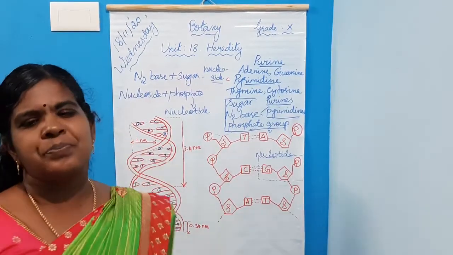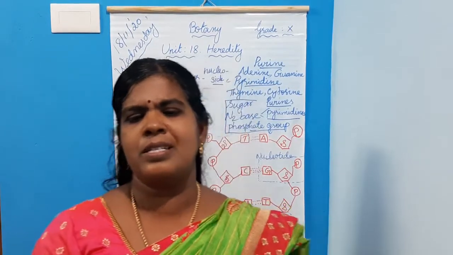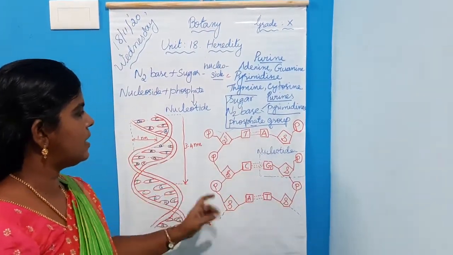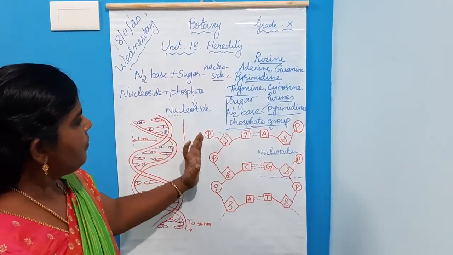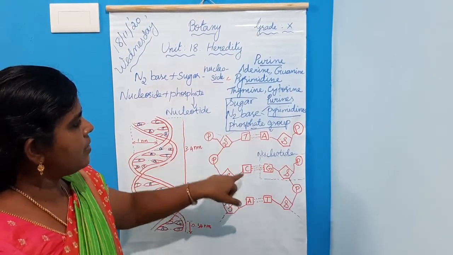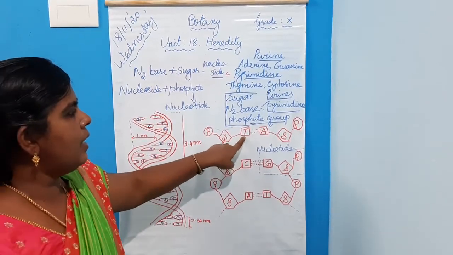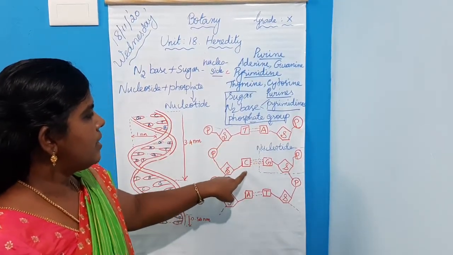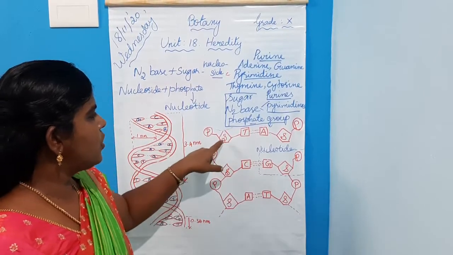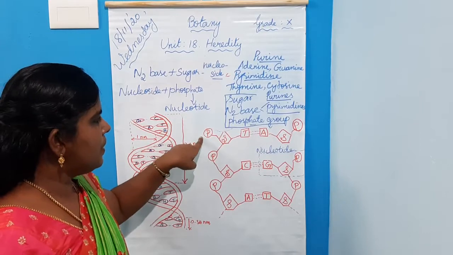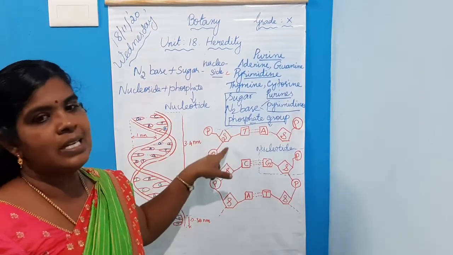The nitrogenous bases are found in the center: thymine, adenine, cytosine, guanine, along with the sugar and phosphate molecules.